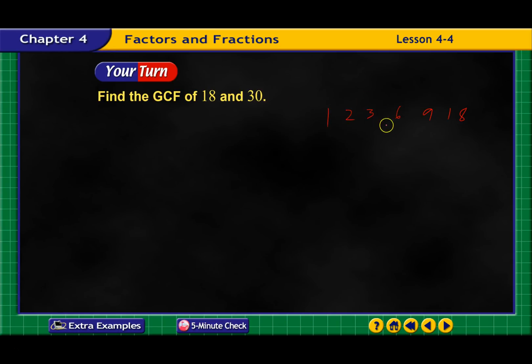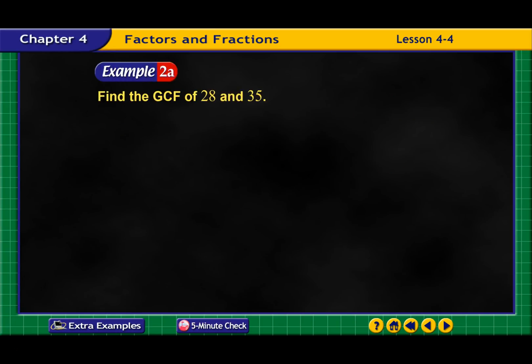So there's all my numbers there. 30 would be 1 and 30, 2 and 15, 3 and 10, 5 and 6. There we go. So the common one would be 6. So I think my greatest common factor is going to be 6.